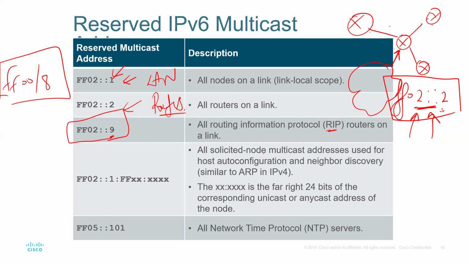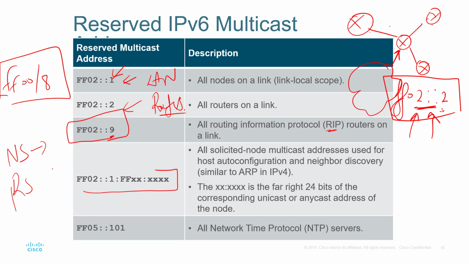Then we have the solicited node multicast used for host auto configuration and neighbor discovery, similar to ARP in IPv4. So with this one, we talked about neighbor solicitation, NS. We also talked about router solicitation. To solicit is to ask for something.